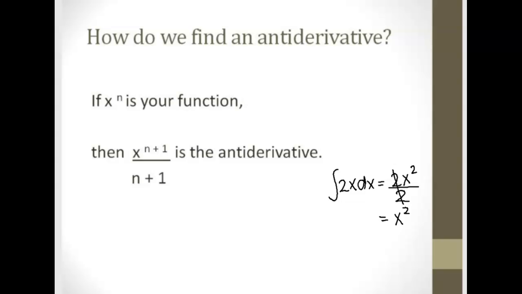If x to the n is your function, then the antiderivative is x to the n plus 1. An antiderivative using the power rule for integrals is the opposite. When you took the derivative, if it was x squared, you took a power away, so it became x to the 2 minus 1, and you multiplied by the original power.